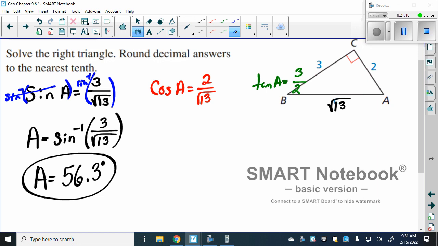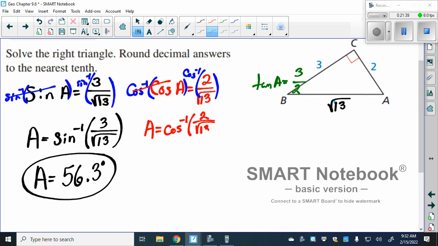Let's look at cosine of A. Well, again, we're going to do a similar method, except instead of taking sine inverse, we're going to take cosine inverse of both sides, which these will cancel, telling us A is equal to cosine inverse of 2 over the square root of 13.